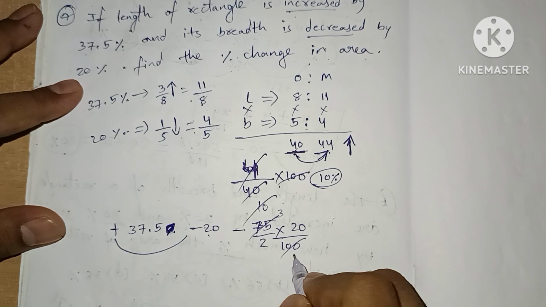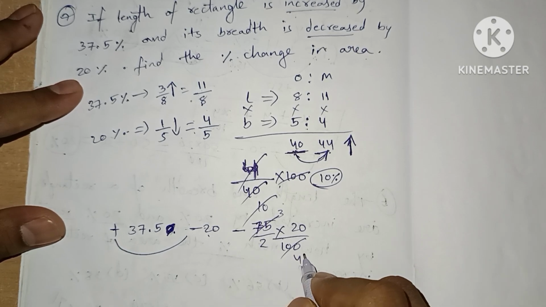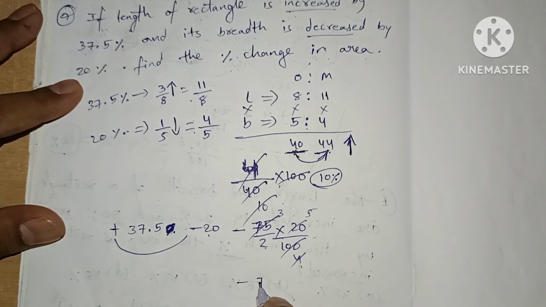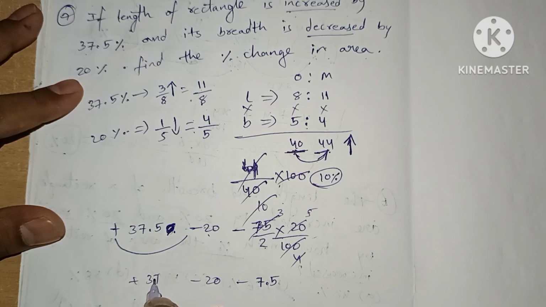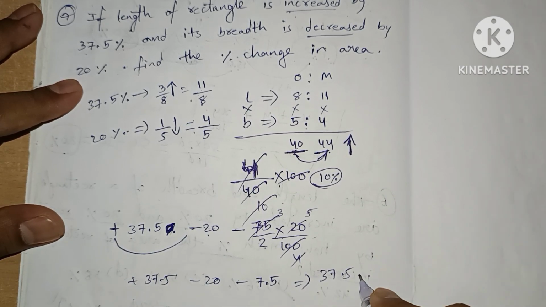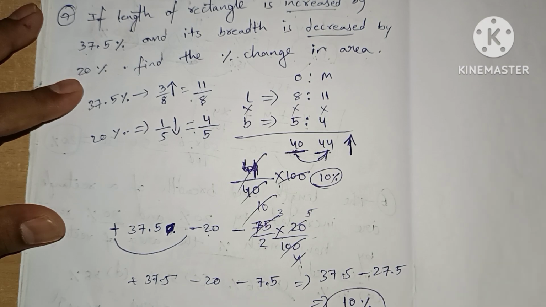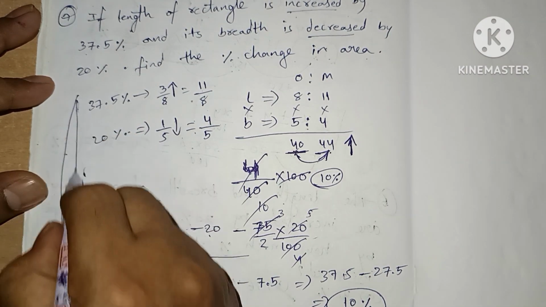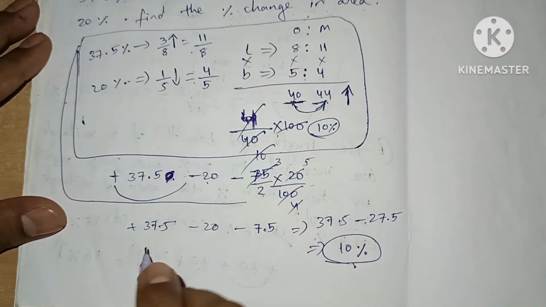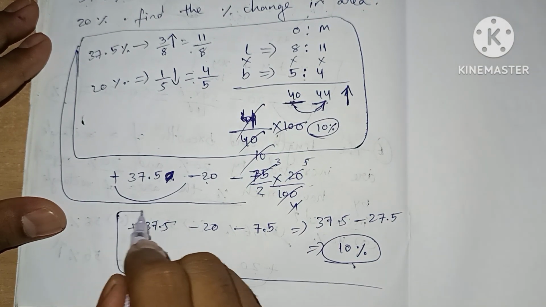This will be 3 4 times, this will be 4 5 times, 15 divided by 2 will be 7.5. This is minus 20, and here it is 37.5. So totally we have 37.5 minus 27.5. We get 10 percentage. So the overall change is 10 percentage. This is the basic traditional method, and this is the mind calculation formula method.